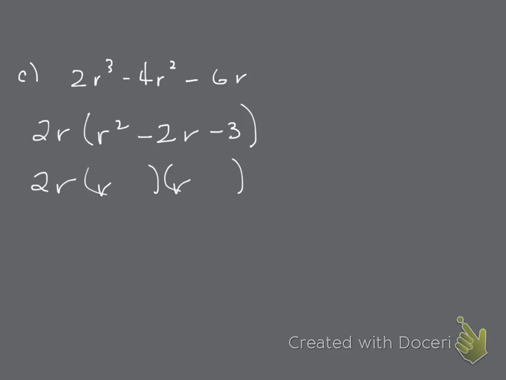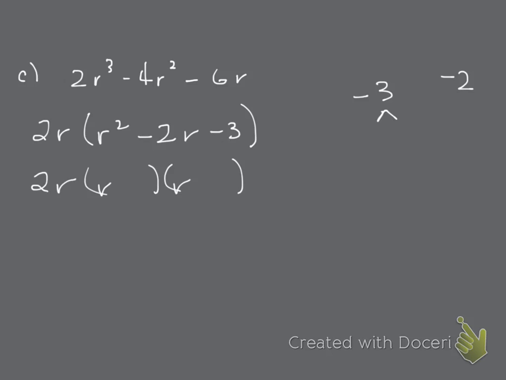So what am I going to look at? In order to factor, what we did on the last problem. Alexis, go ahead. Not negative 2, negative 3. I want to look at negative 3. I want to find factors of negative 3 that equal negative 2. So I'm going to look at my last term, negative 3, and find factors of it that add up to negative 2.